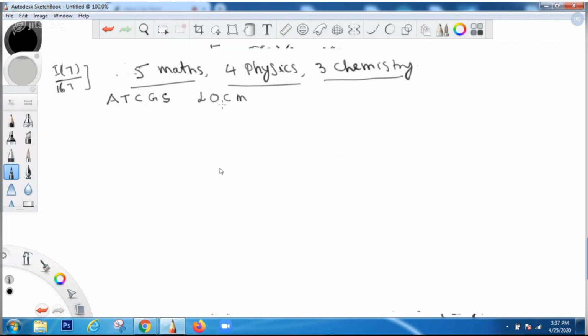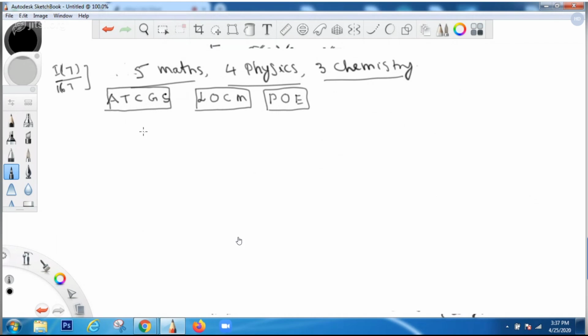Chemistry: physical chemistry, organic chemistry, environmental chemistry. So all are different books, but these 5 books come into one category, maths. These 4 into one category, physics. These 3 into one category, chemistry.